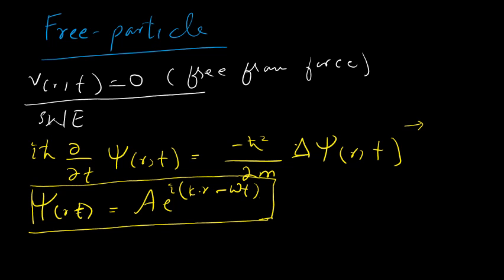Here A is a constant, and this solution is subjected to some condition: ω and k should satisfy the equation ω = ħk²/2m. So they are subjected to this equation.